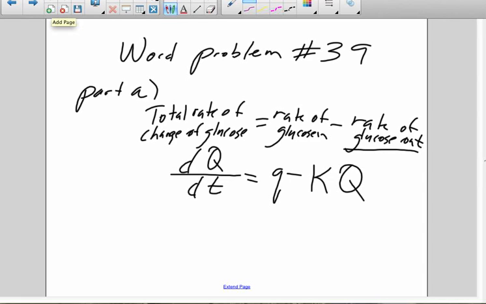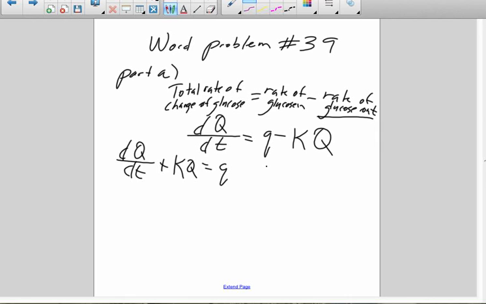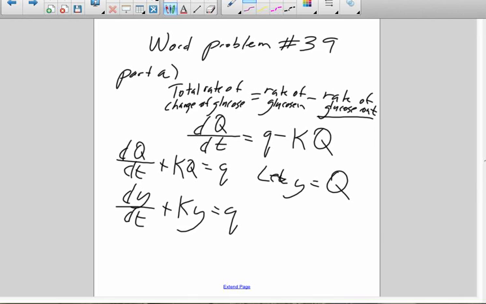Now you notice we've got a lot of q's in here, and we're getting ready to do this when we come out. But let's go ahead and take a look at this. We'll rewrite this now as dq dt plus kq equals little q. So what I'm going to do is I'm going to let y equal the q in this problem. So let's rewrite this as dy dt plus ky equals little q.